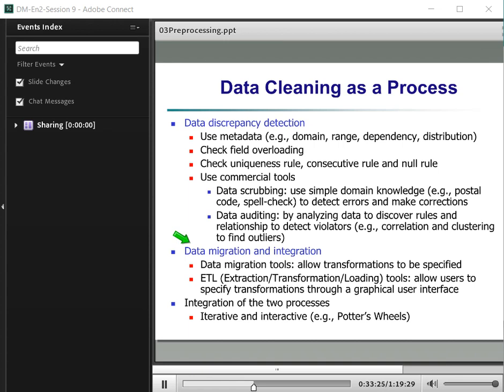But sometimes migration and integration can clean the data, and some incorrect data will be removed. Sometimes we can use some interactive or iterative techniques that use both migration, integration, and discrepancy detection techniques.